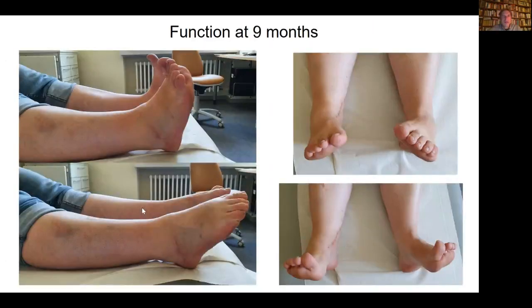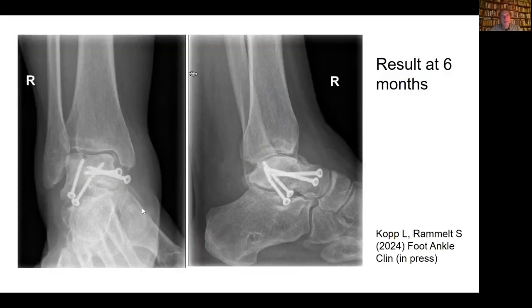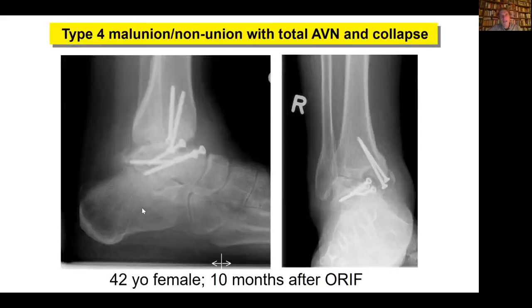And this is the lady 9 months later with a reasonable function. Still, the ankle holds. We will see how it evolves over the long term. This is her x-rays, under weight bearing 6 months later. But this is a very rare exception.